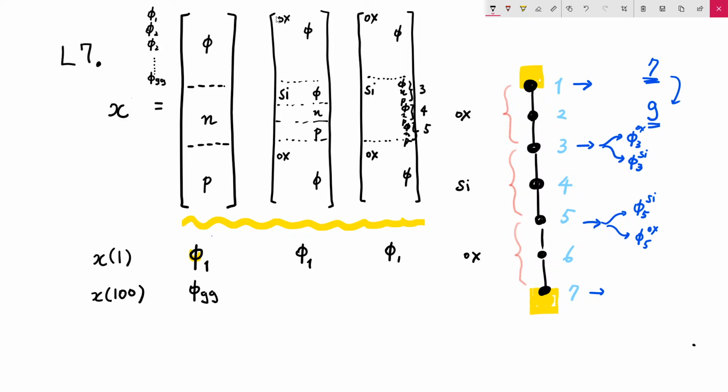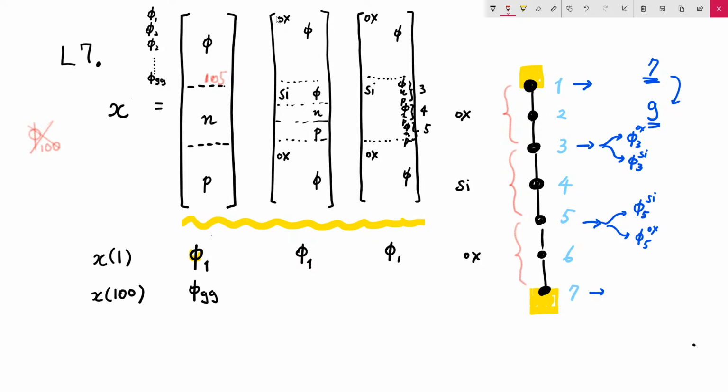For electrostatic potential, we will have, for example, 105 unknown variables. So the 100th point is not exactly corresponding to the 100th position's electrostatic potential. Instead, we have this one.